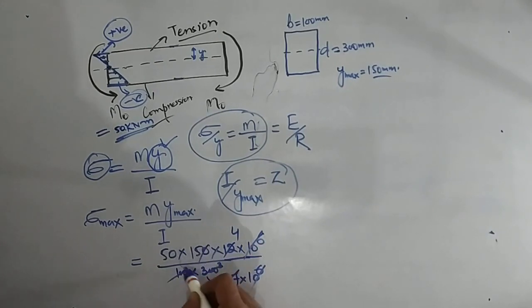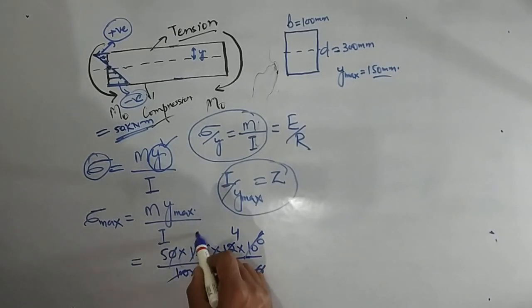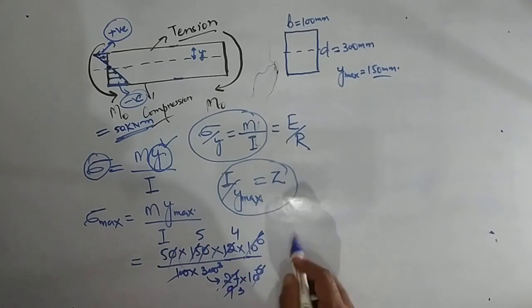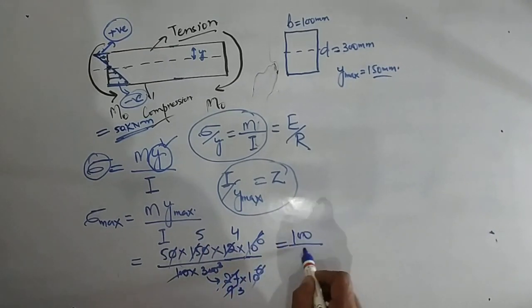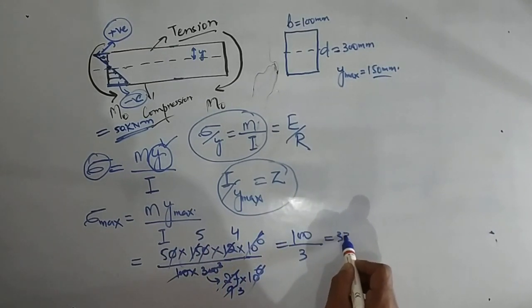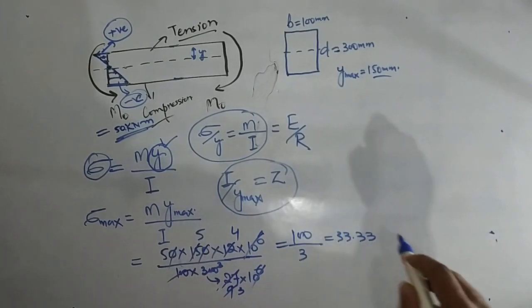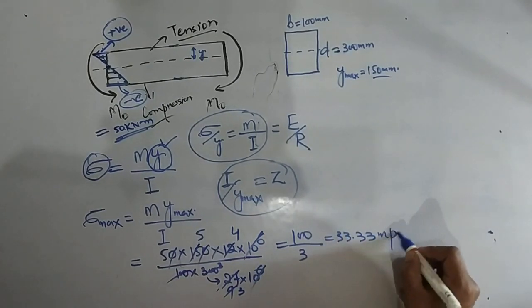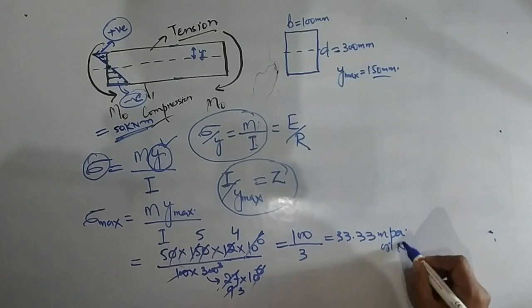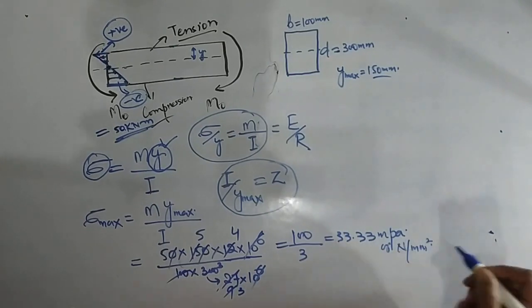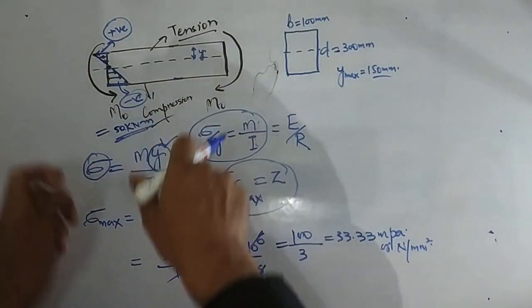These two zeros and these two zeros will go, and 3 3s are 9, 3 5s are 15, 5 5s are 25 into 4, 100. So I'll be left with 100 by 3, which is equal to 33.33 megapascal or Newton per mm square.